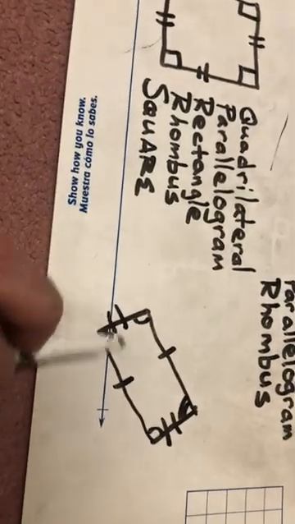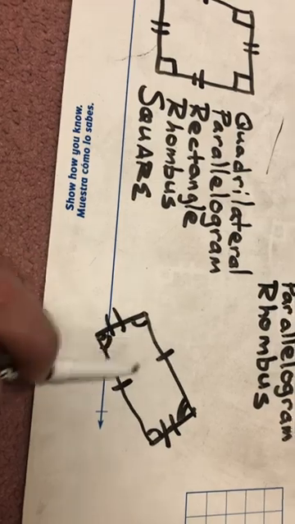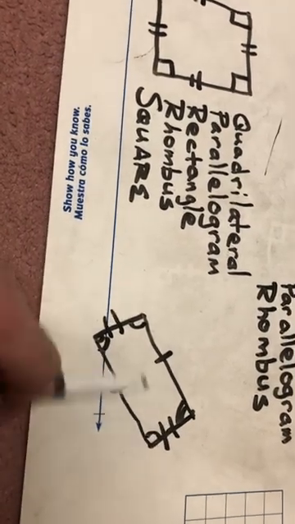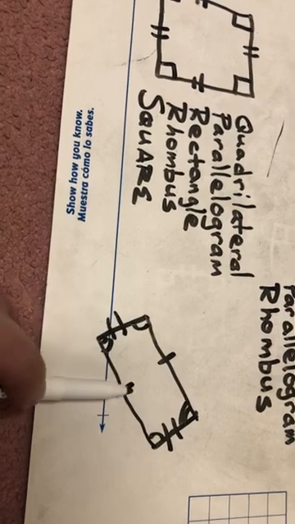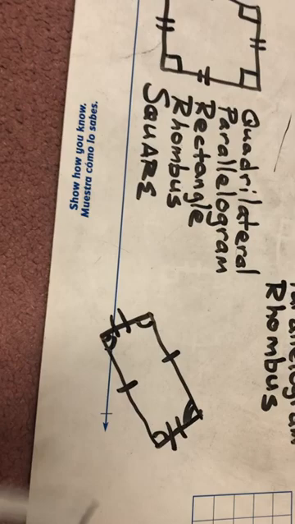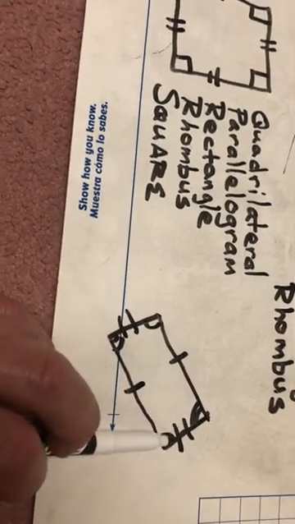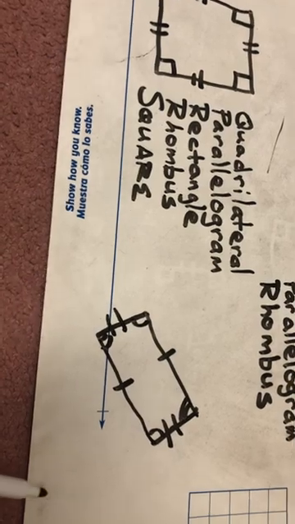How do we read this? Well, they all have indicator lines, but these 2 just have 1, and these 2 have 2. The 1s and the 2s are not congruent. If it has 1 line, it's only congruent to those that have 1 line going through. If it has 2 lines, it is only congruent to those that have 2 lines going through.